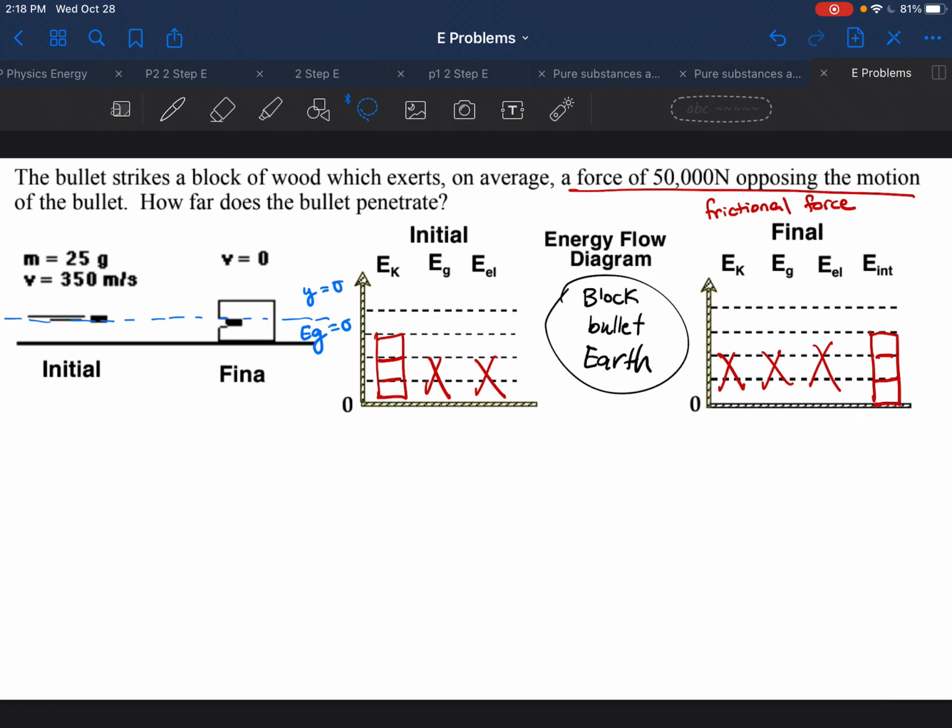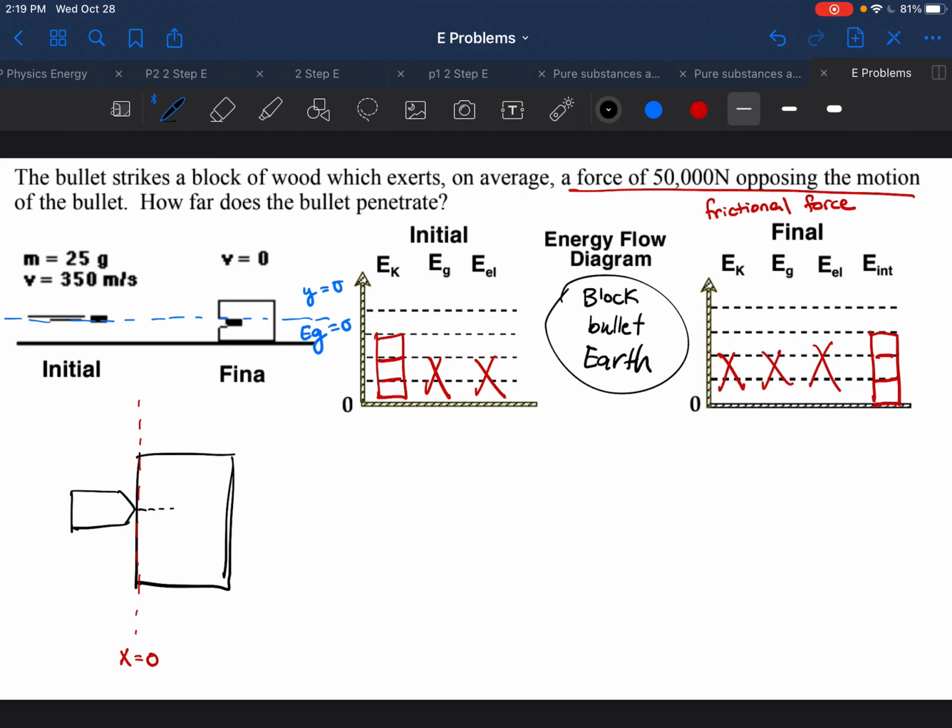So now, how far does the bullet penetrate? Well, I can't really use energy here because we don't have a set equation for internal energy. Maybe we can try some kinematics. If we have the bullet and the block at the moment before impact, right here, let's call this x equals 0.